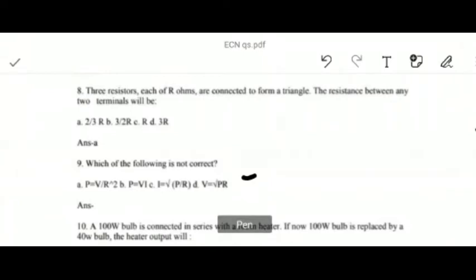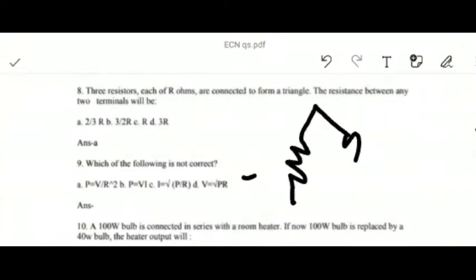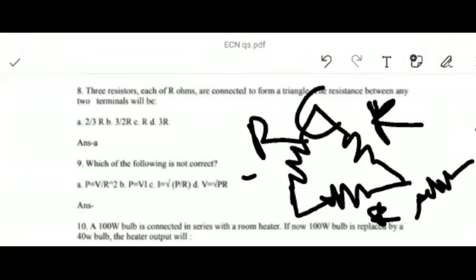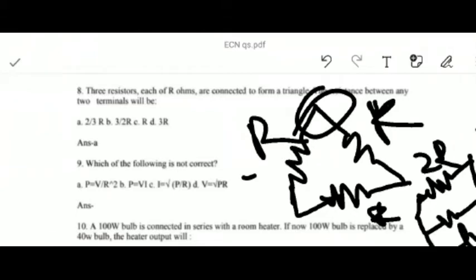Two of the resistors are in series, so the circuit will have 2R here, and this is the V volt supply, and R in parallel with it.